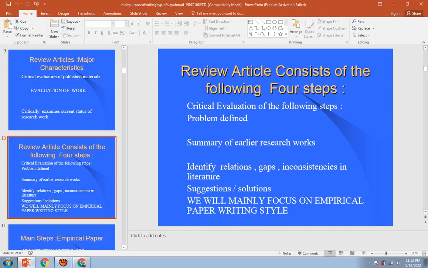Remember, it is all based upon imagination, upon your earlier review of literature. I repeat it again, summary of earlier research works. Identify relations, gaps, inconsistencies in literature. Now, suggestion, solution. We will mainly focus on empirical paper.